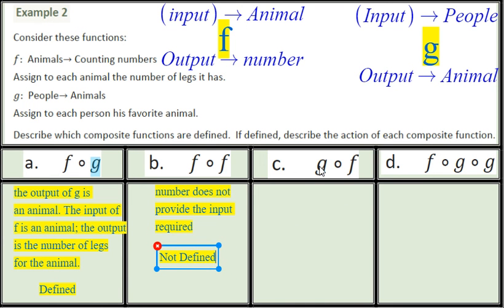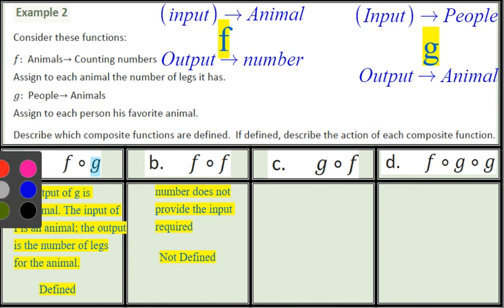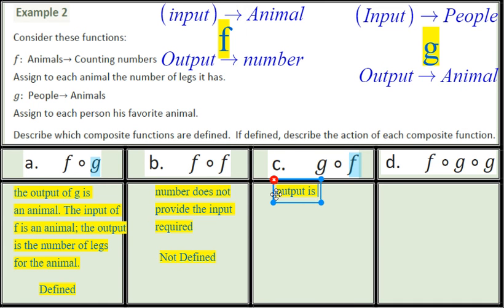Now, when I come over here to g of f, remember, we do the f first. So if I do f first, what it says is I start with an animal and I get out a number. So my output is a number.